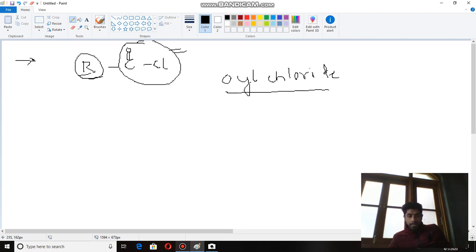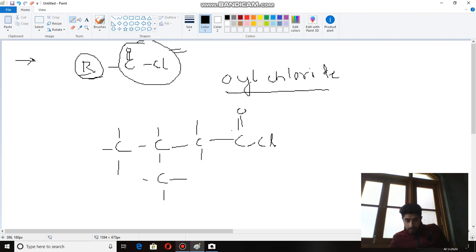For example, if I have a compound like this, here it is CH3 and it is C, and here I have this group Cl. Now as naming starts from here, because it's principal functional group, 2, 3, I can go for 4 here.